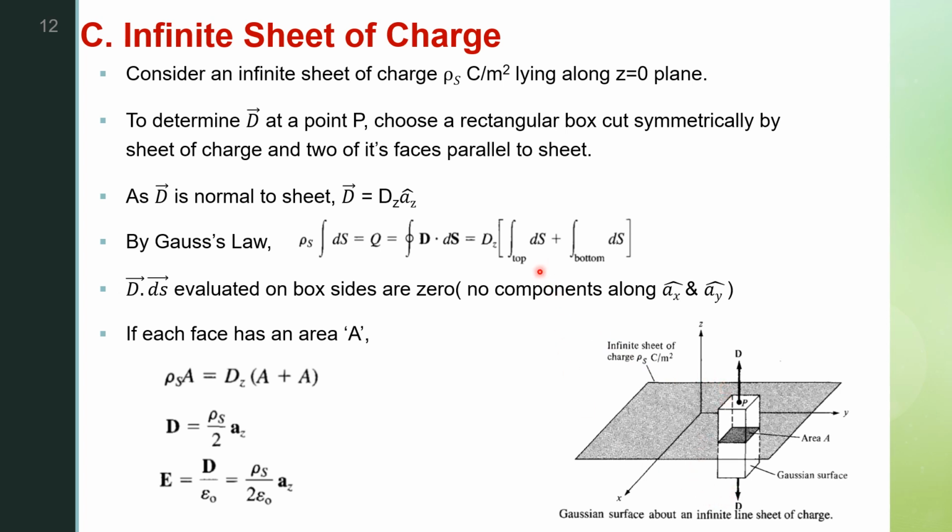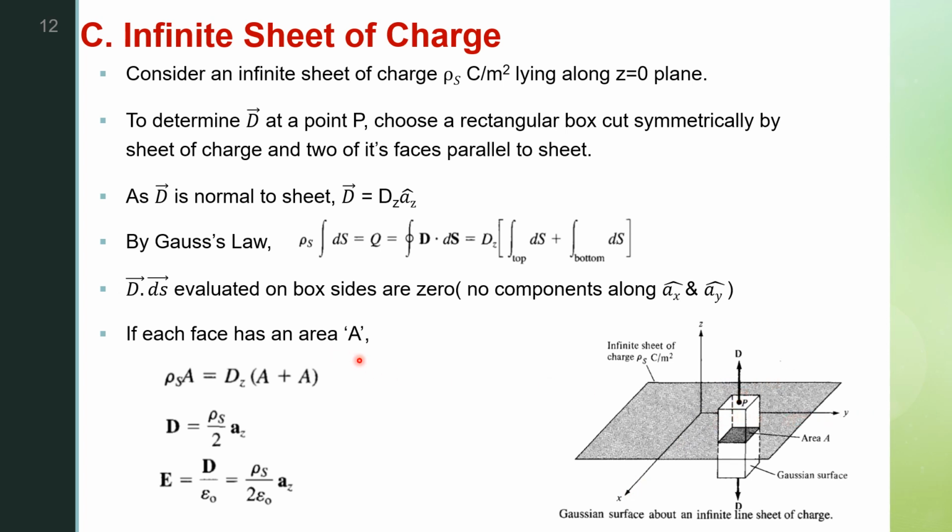So it is integral over the top face dS plus integrating over the bottom face dS. The D dot dS evaluated on the sides of the rectangular box are 0. Why? Because there are no components for D along the x-axis and along the y-axis.